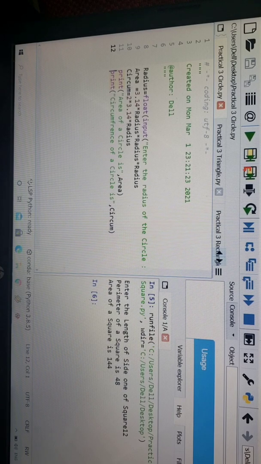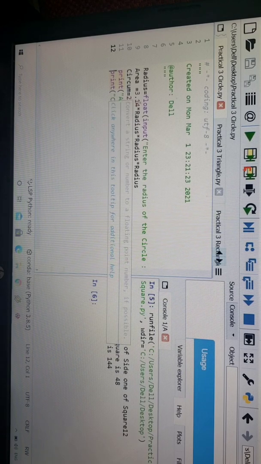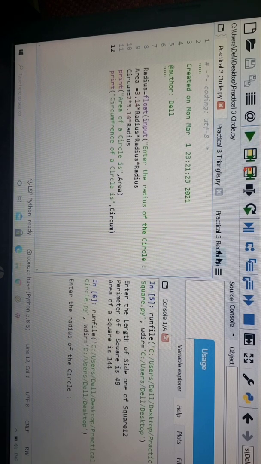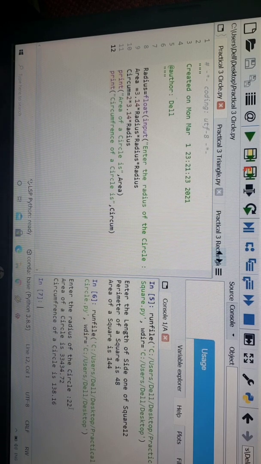Here you can use the math library also. On the top you can write import math, and then here you can use the pi function. So that is up to you how you want to do. Directly also, because everyone knows that the value of pi is 3.14. So directly it could be done, or through the math library also. Let's see its output. Entering the radius of the circle, and according to that we are getting area and circumference of a circle.